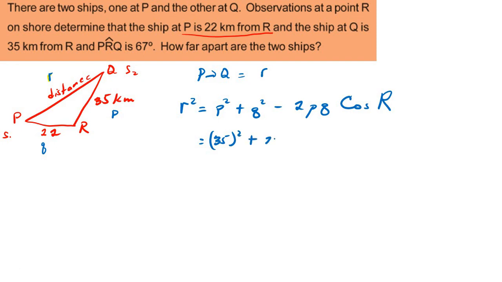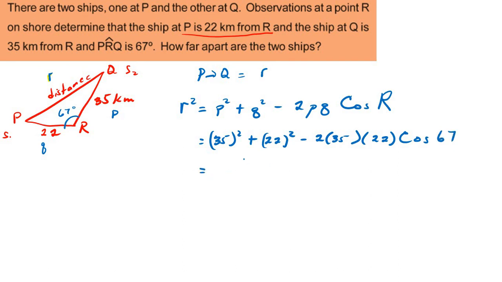Okay, substituting the values in the formula, P is equal to 35 squared plus Q, which is 22 squared, minus 2 times 35 times 22, and this is cosine. Oh, sorry, we did not place the angle here. That is supposed to be 67 degrees. Cosine 67.